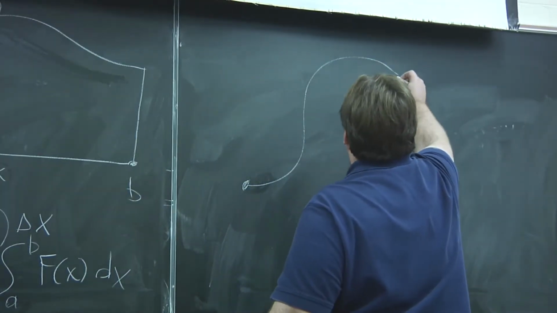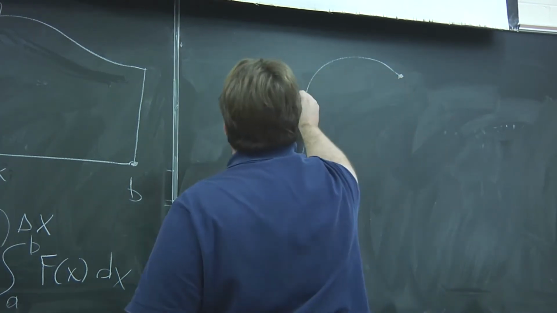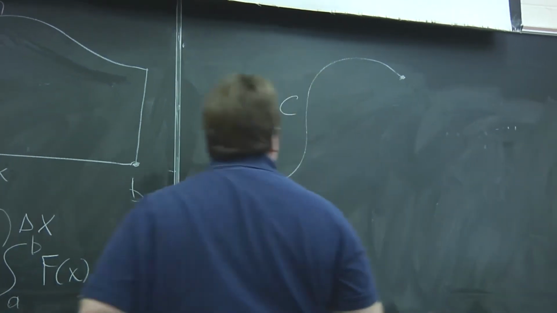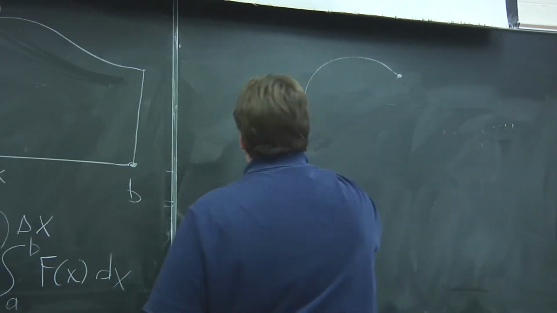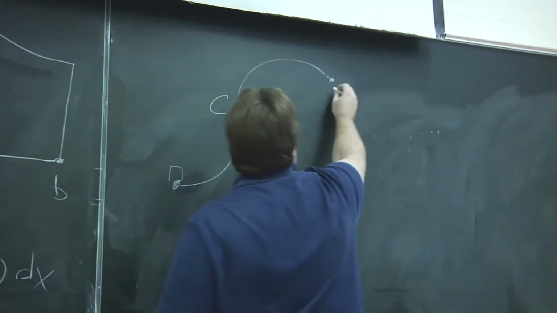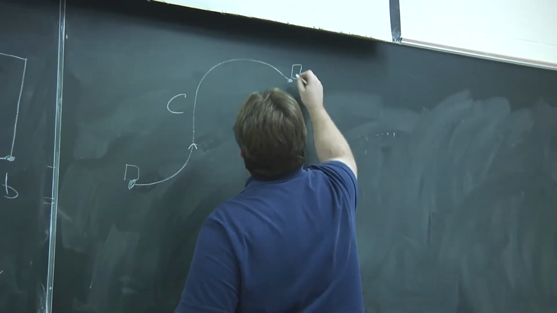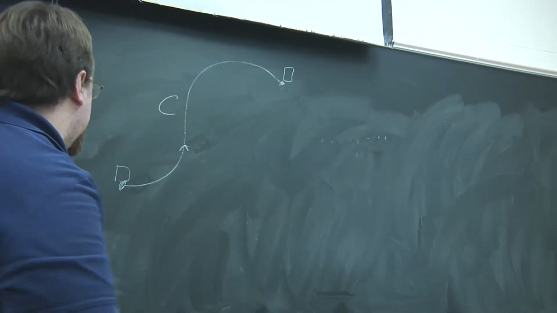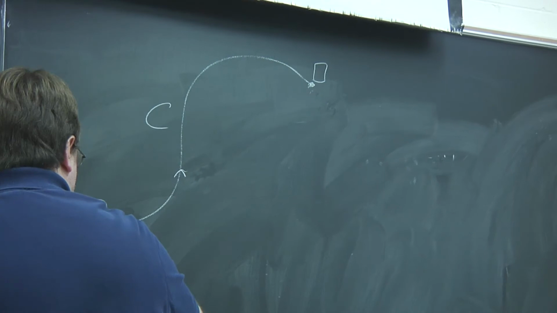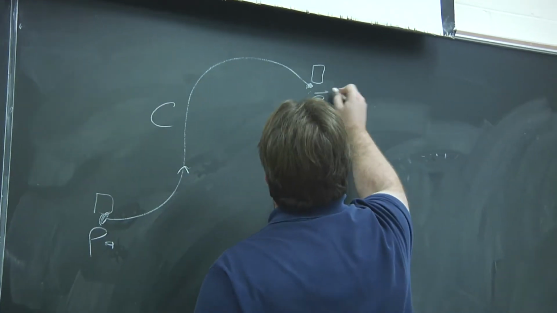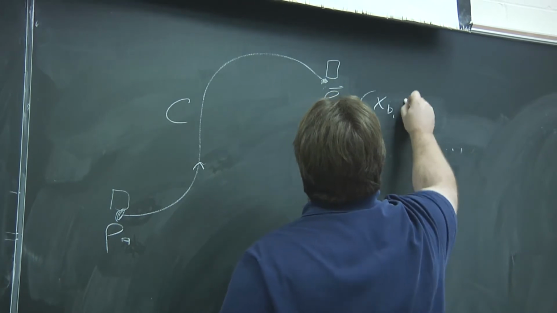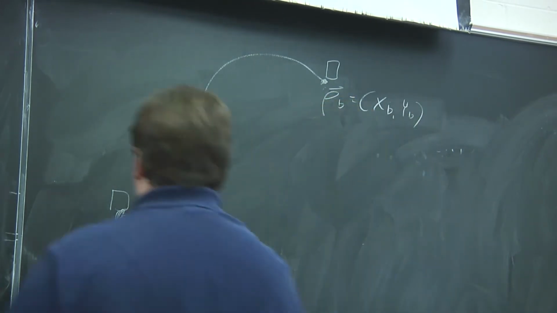So suppose we have some curve C with its initial point here and its terminal point here, and we're going to move an object along this path from point A to point B. Okay.